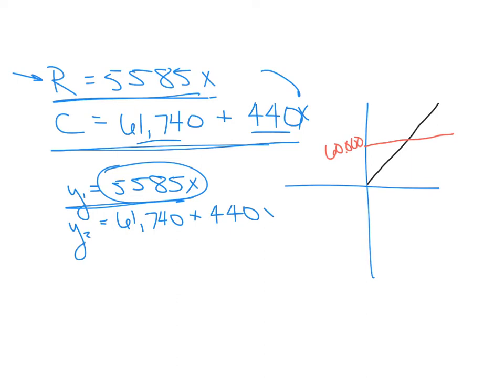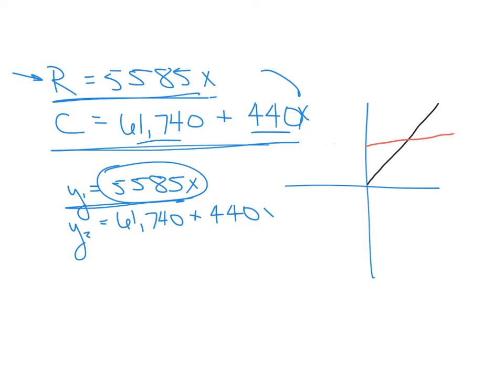On this particular graph, you're going to be kind of guessing where that's at. Because if this is 61,740, and this graph is going uphill a little bit, golly, I can't really tell how high up that is, and I really can't tell how far over that is.